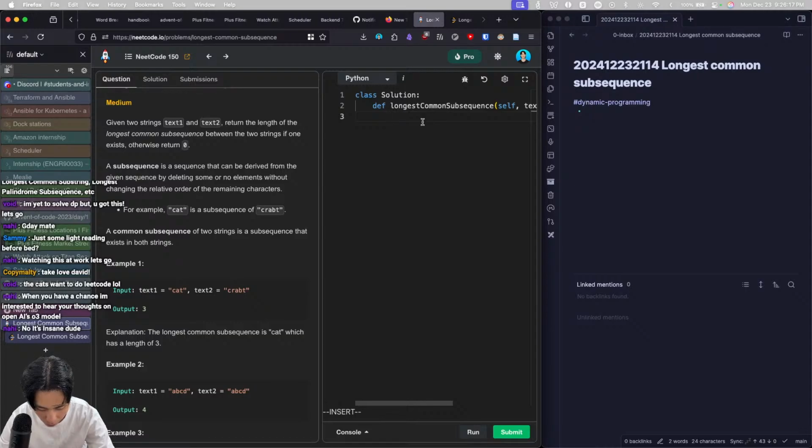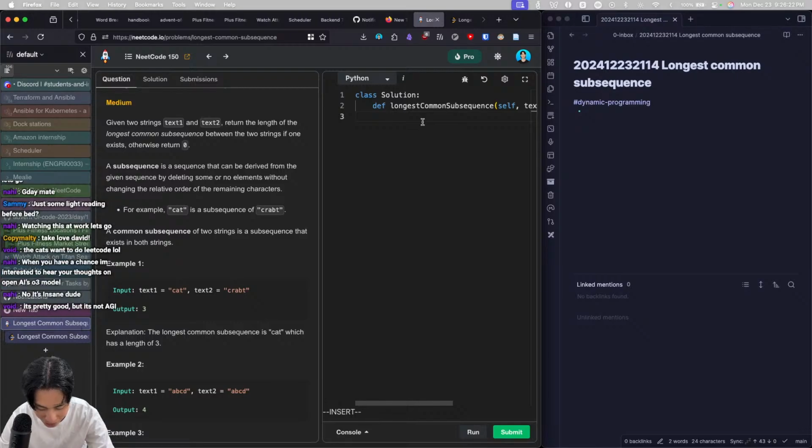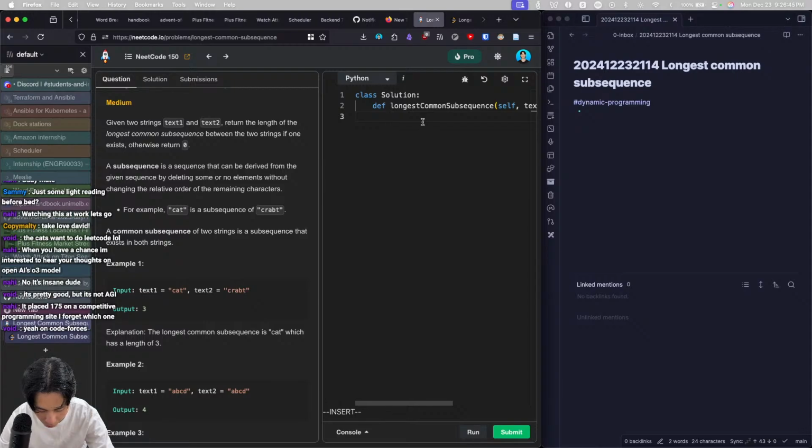I'd like to understand fully what's inside, how they've trained it, what methods they've used, and if they're still using reasoning. Placed 175 on a competitive programming site. I see. Even still, I guess it goes to show that competitive programming can be learned.